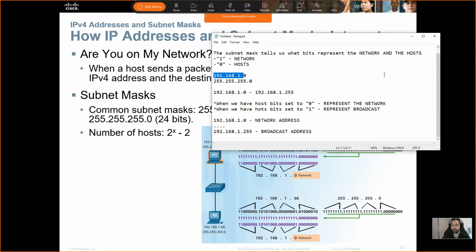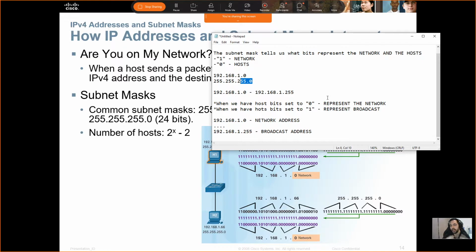They need to be the same for all devices. But the last portion, because the subnet mask is only 255.255.255 and the last one is 0, I'm telling you the last portion can be whatever you want, but it cannot be 0 because 0 is reserved for the network itself, and it cannot be 255 because the 255 are all the bits set to 1, and this address is reserved for broadcast messages, and broadcast messages are those messages that are sent to everybody in the network.